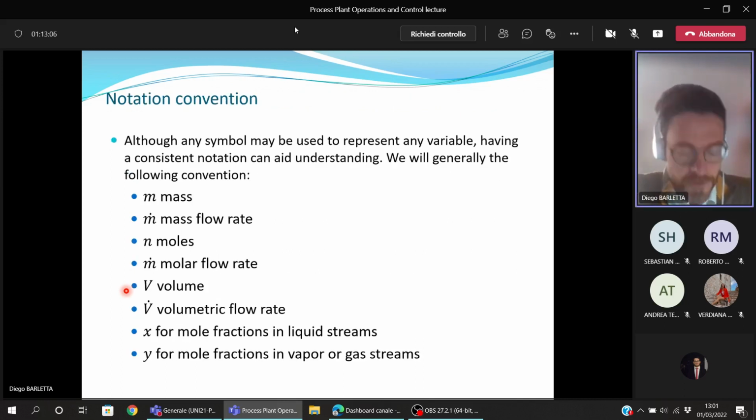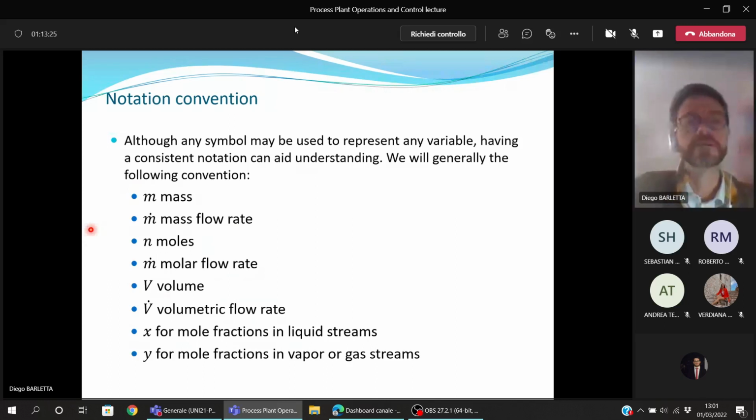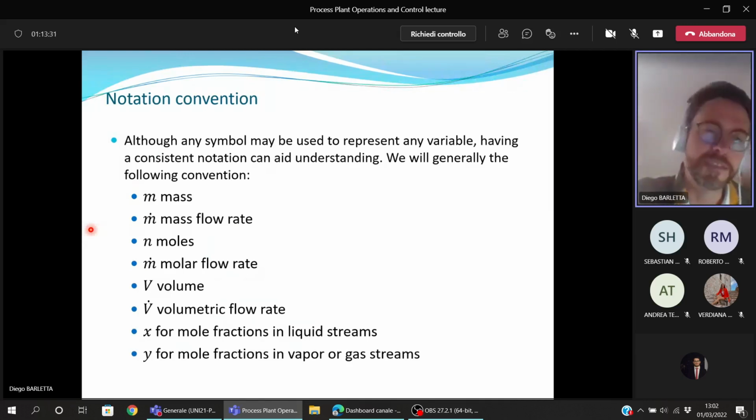Now, let's make a short recap on notation, because notation, of course, is important. It's important to set the notation consistently, considering that if you look at different books and scientific papers, you will see some variation, so it's not universal.